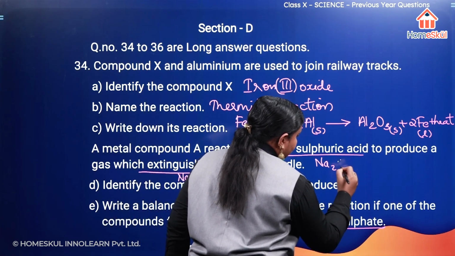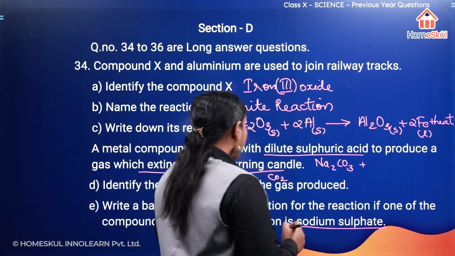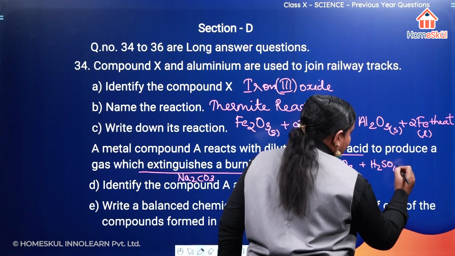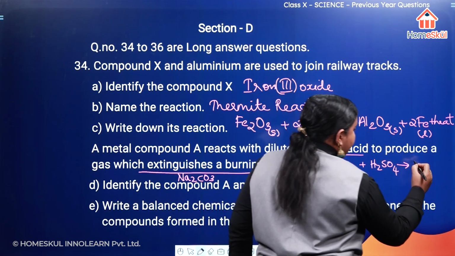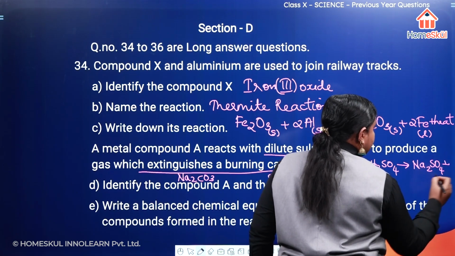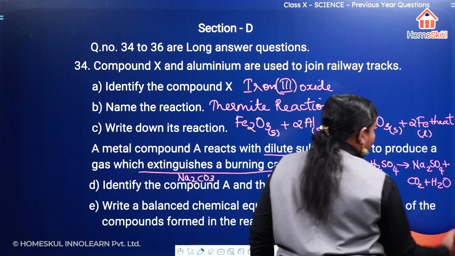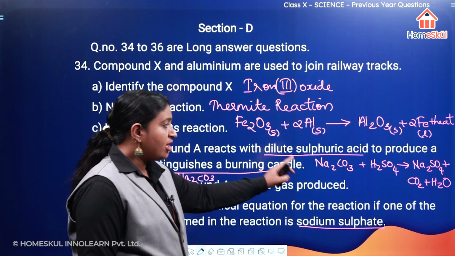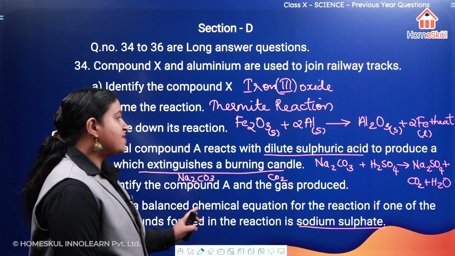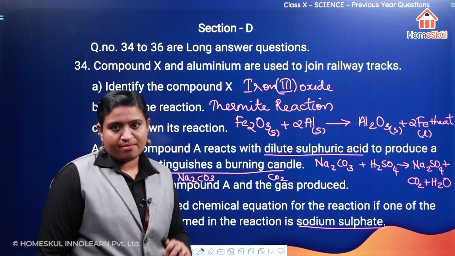Na2CO3 plus sulfuric acid H2SO4 giving Na2SO4 plus CO2 plus H2O. Okay, here already this equation is balanced. Clear, children? This is the answer for the question. So, if you write all these answers, you will get 5 marks.